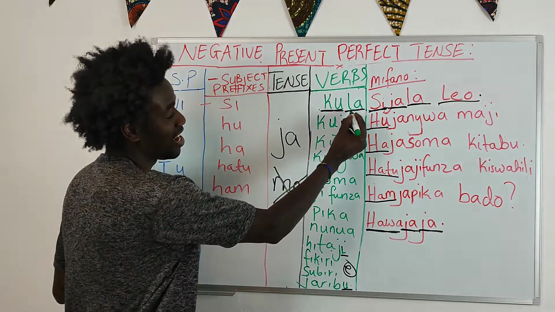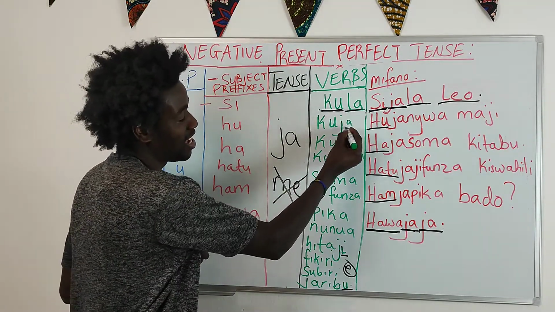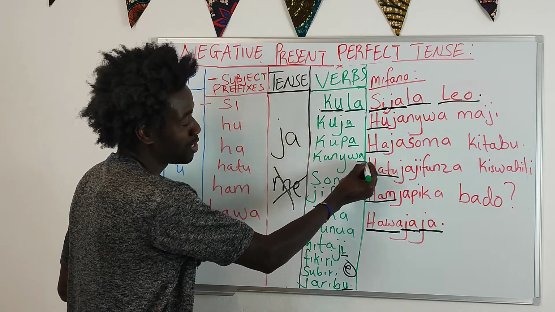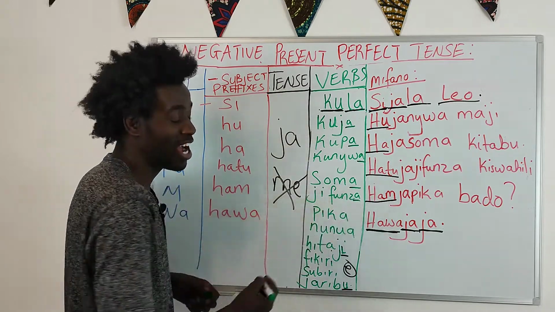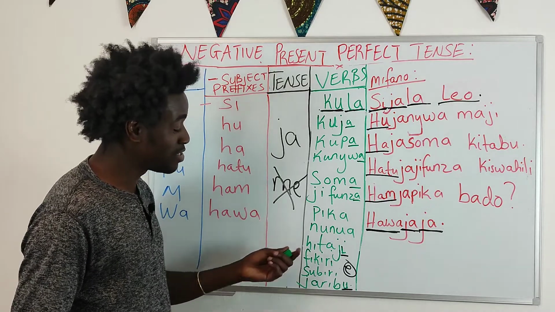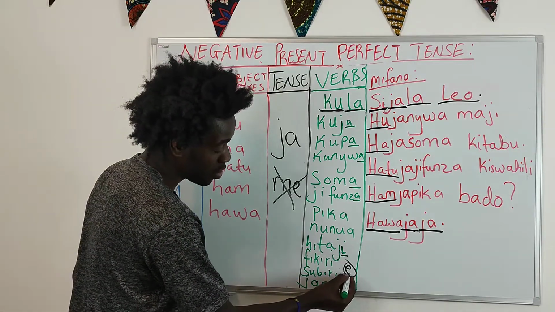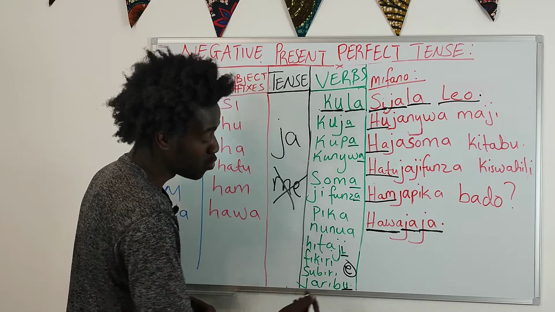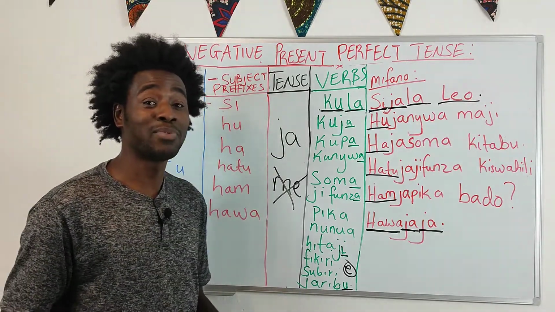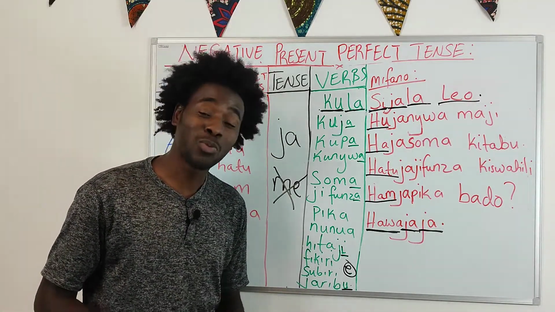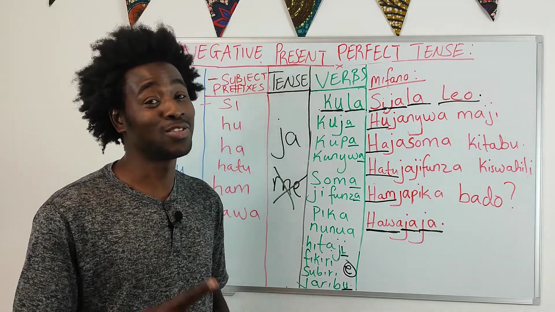The rest of the verbs, ending with the vowel e, for example, and also i and u, are from Arabic origin. But Bantu origin verbs are also categorized into two.